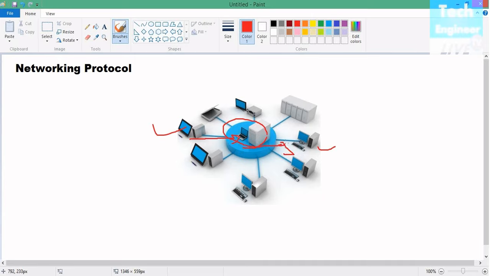But this is the platform. We need a platform, whether the network is wired or wireless. But that doesn't mean that just sending packets will do everything.